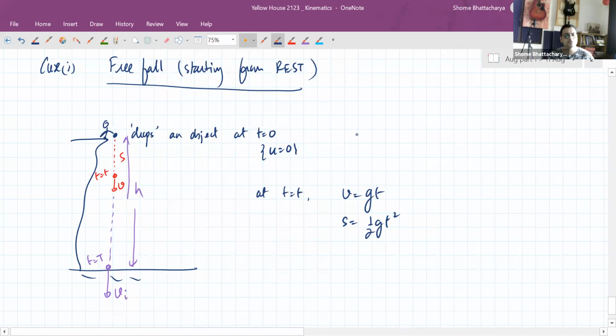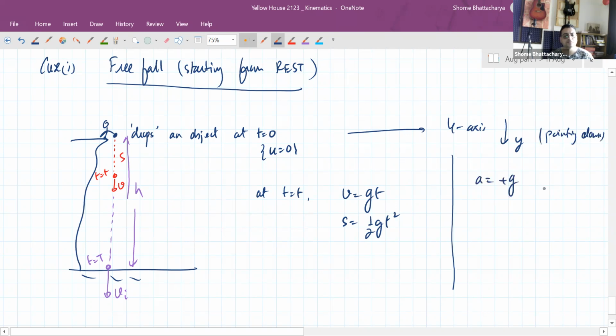Because what we will do here is take our y-axis pointing downwards. If we take the y-axis pointing down, we will consider the acceleration of the body to be plus g, because that acceleration vector is pointing downwards, and the initial velocity is 0.